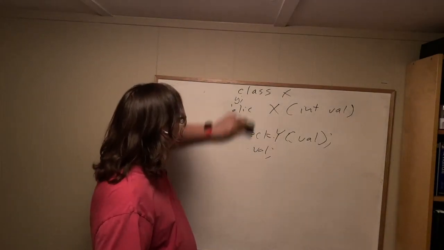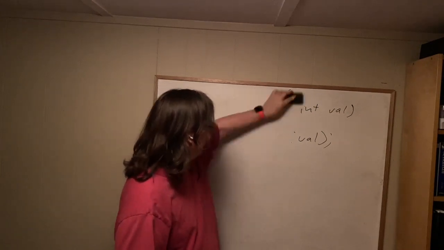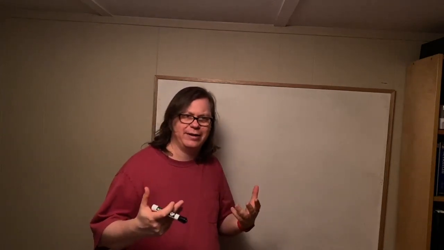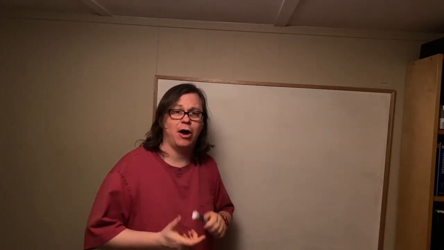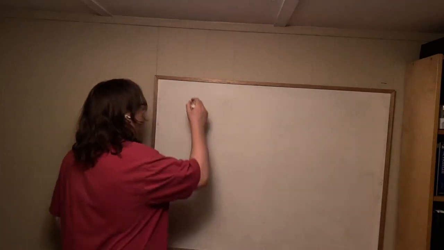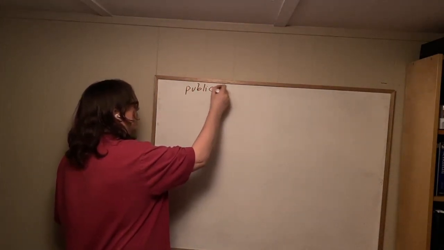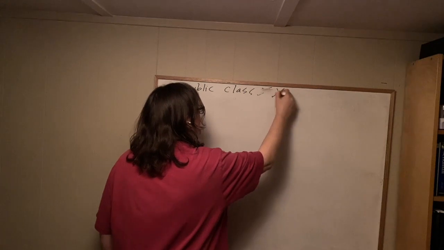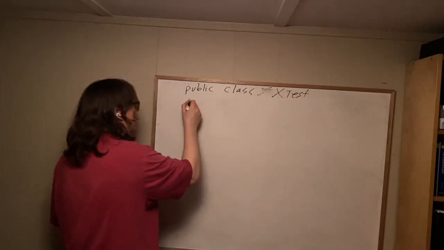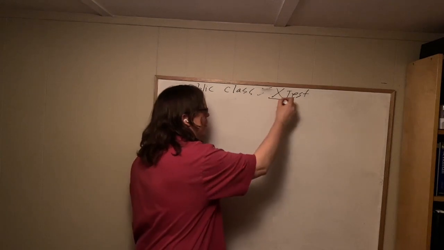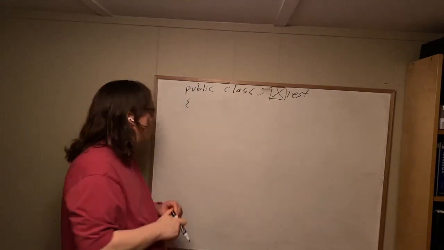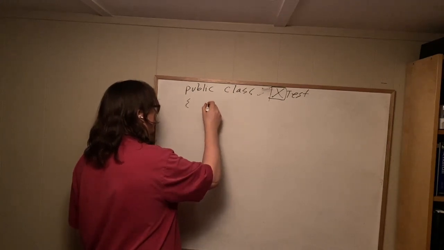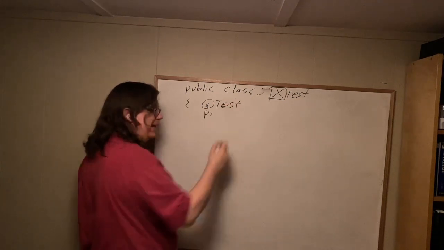So unit testing is just a somewhat formal way of creating tests. I'm not going to do the actual syntax here, so don't pay attention to the syntax. It's the concepts. So we would write something like this. We're going to call it X test. That means it's probably going to be checking the class X. And we have to mark it with what's called an annotation.